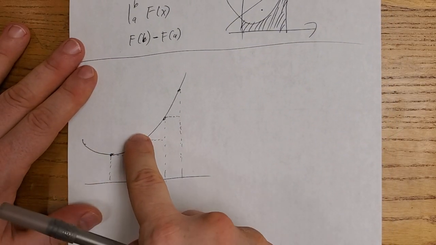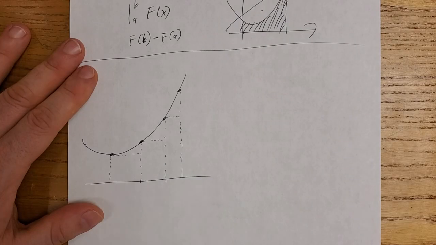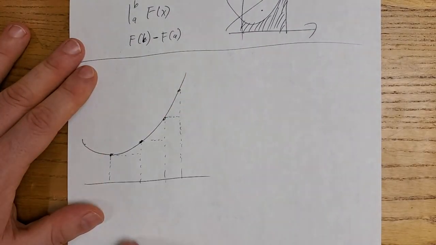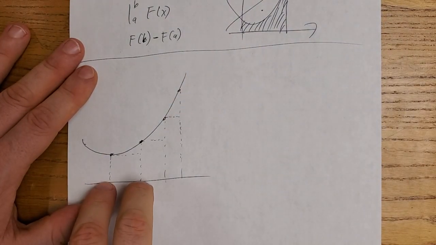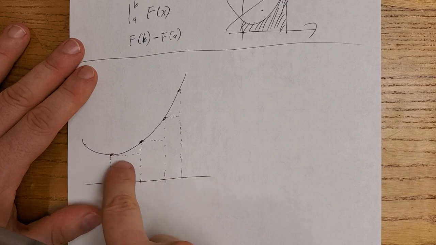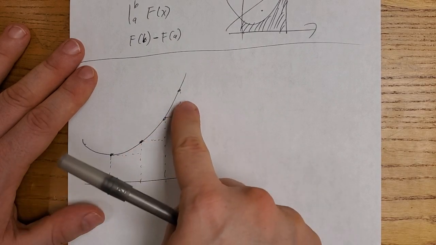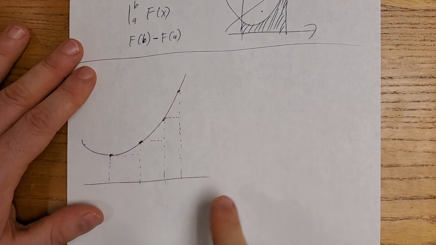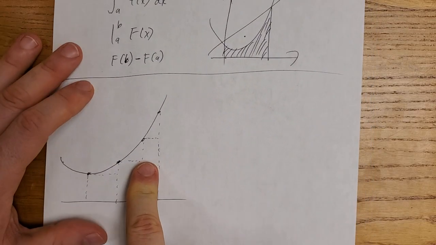If you know what the heights of each of these rectangles are, you can add them all together and multiply by the width, and that'll get you fairly close to the area underneath.